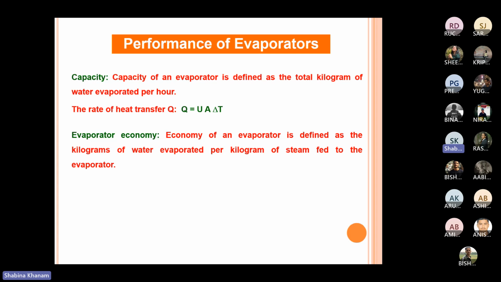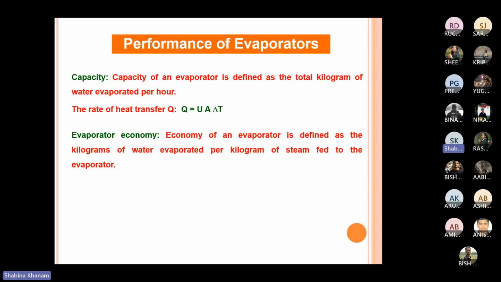Because when you feed 1 kg of steam, obviously some losses will be there, so only 0.8 kg of water can be evaporated by that. It could be lesser also, but in most cases 0.8 is the maximum economy, when we are not using any means to increase the economy. I am talking about the evaporation process only. So for one evaporator, the economy is usually 0.8.